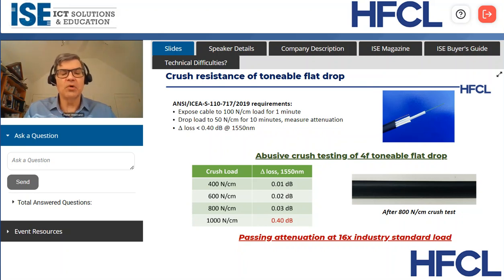So we were able to take this one up to 16 times the industry standard load with low attenuation, and we barely failed one fiber at 20 times the industry standard load. You can see from the picture that the flat drop barely even notices the crushing load is there.